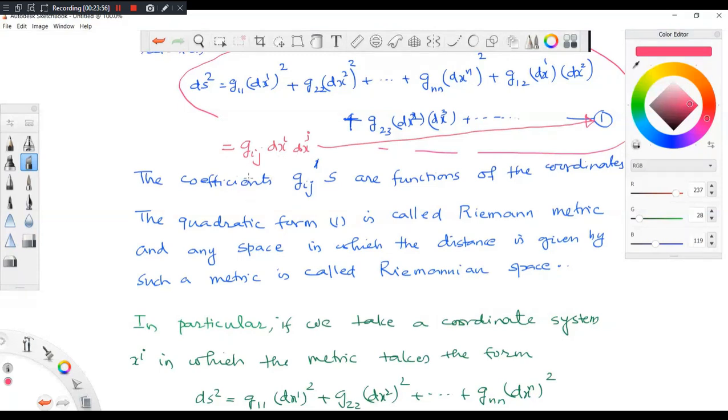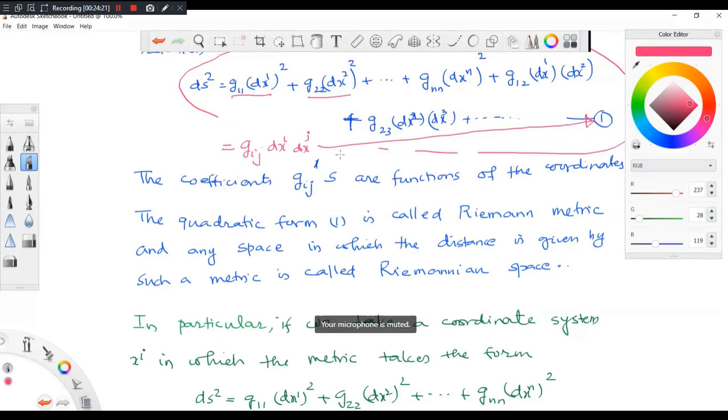Now what does it mean? Here i and j both are dummy indices. When both i and j are 1, I will get G11 dx1, that is dx1 squared. When both i and j are 2, I will get this, because it is a summation up to n.